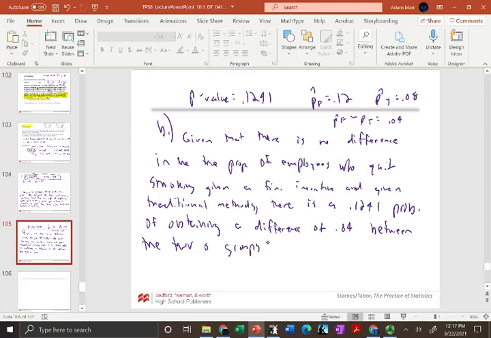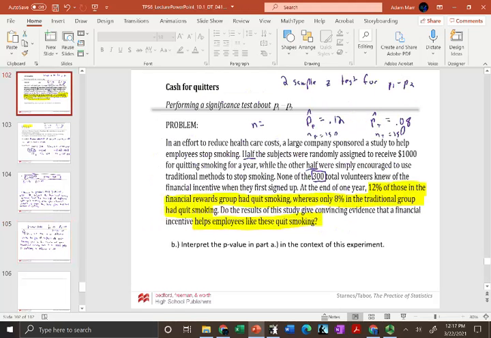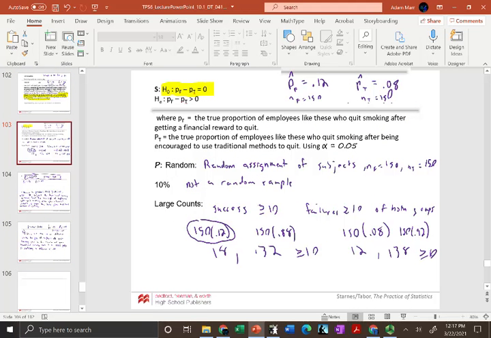Well, actually, you don't even have to define the two groups right here. So there is a 0.124 probability of obtaining a difference of 0.04. And I forgot to say, remember, you don't just want to say the difference. You also want to say, remember that the alternative was that it was greater, right?